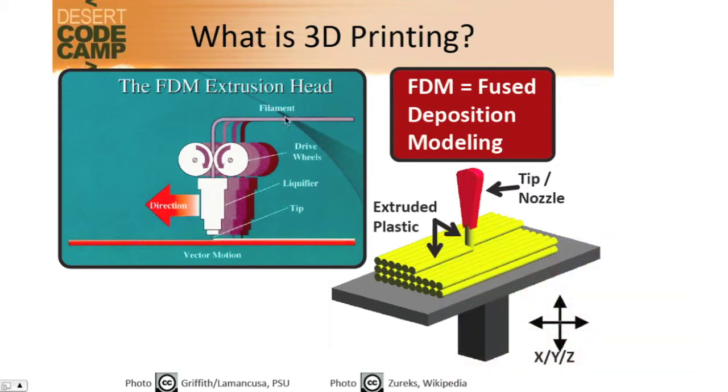It has a wire filament that comes down, typically a plastic wire filament that melts in this very hot tip, and then it deposits it onto a modelling bed and makes a 3D model from that. So the tip moves in the XY plane, depositing the filament output to make the 3D content.